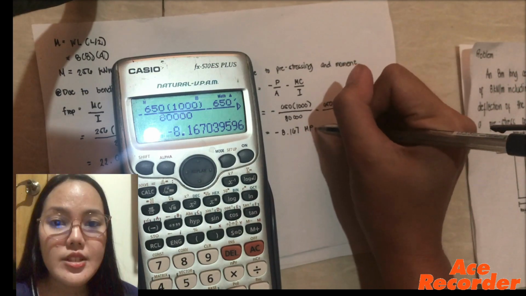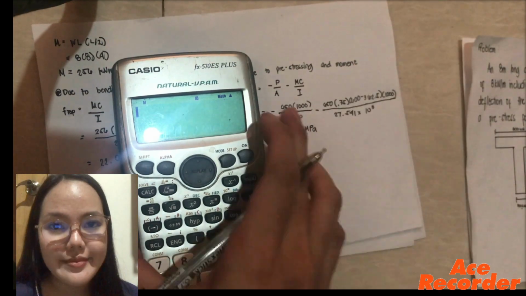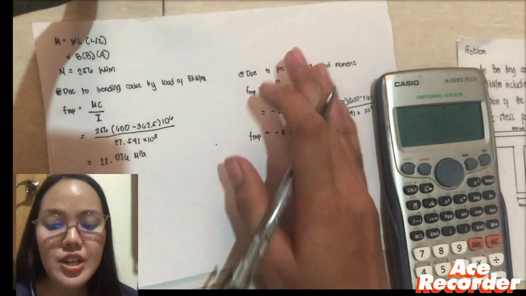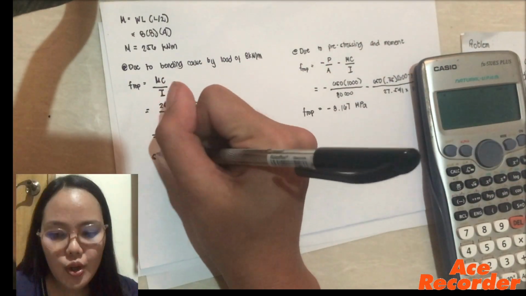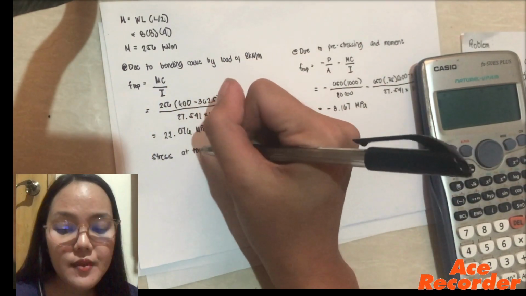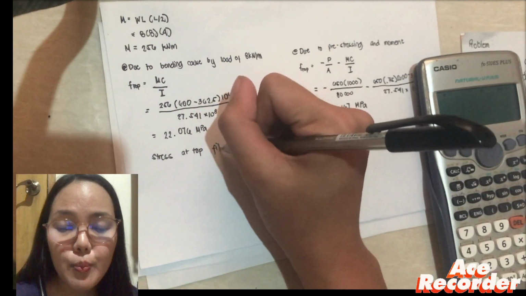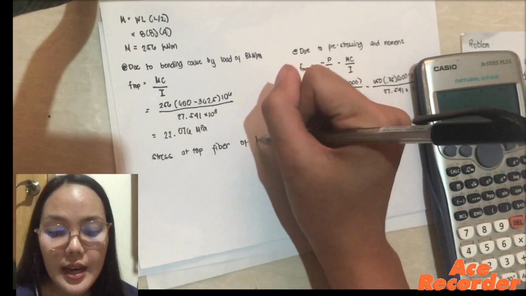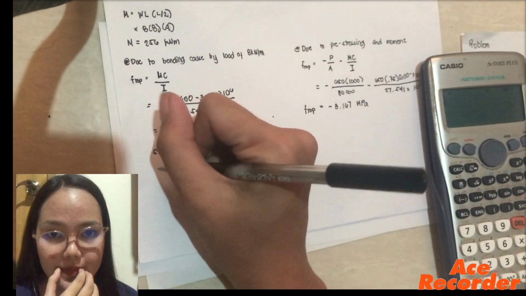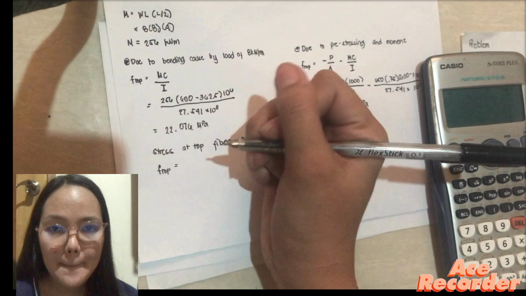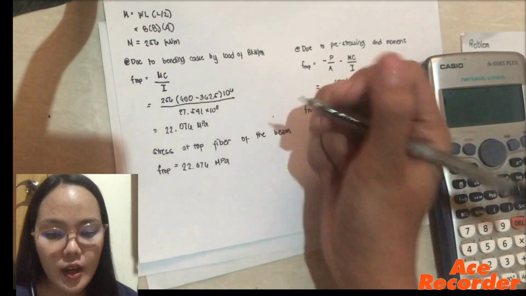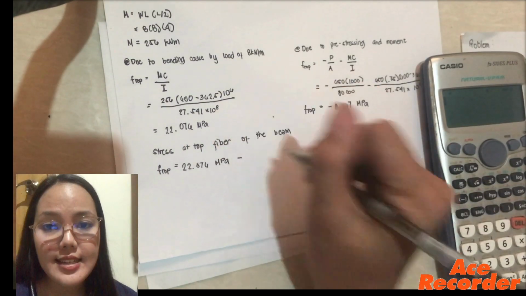Now, we will need to combine these two to get the stress at the top fiber of the beam. So, F sub top is equal to 22.076 minus 8.167. We need to remember that if the outcome of these two values is positive, then it is tension, and if it is negative, then it is compression.